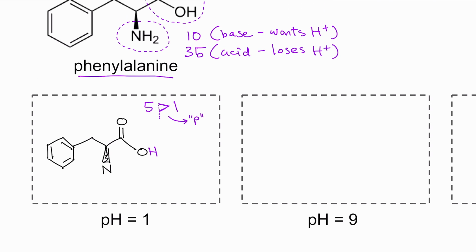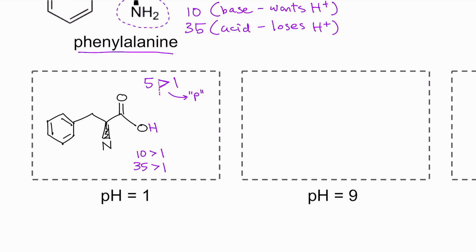Now let's go over amine. So amine has two numbers to compare. There's 10, which is greater than 1, and 35, which is greater than 1. When you have two pKa values to consider, both of them need to match up for protonating, so you need to have two P's.